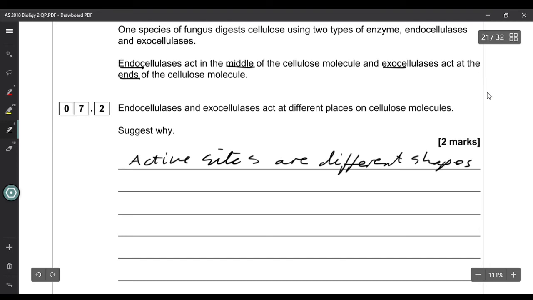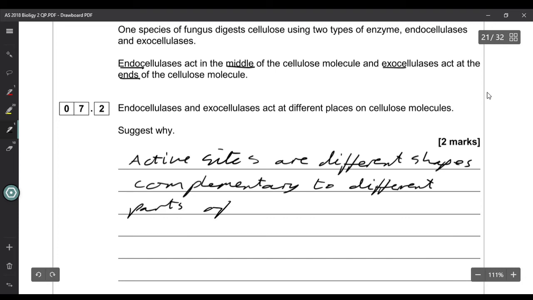So therefore, complementary to different parts of cellulose.